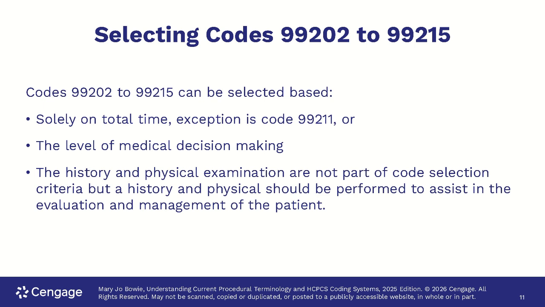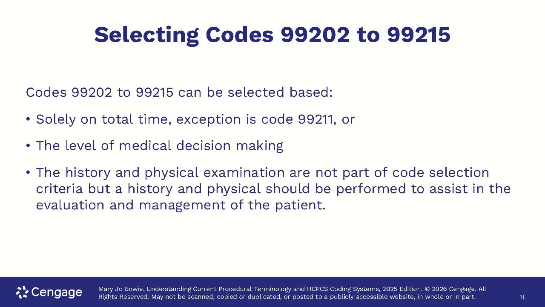All right, so selecting codes, and we're starting with the office visits. And so those are right before telemedicine. And as I'm going through these lectures from week to week, it's actually in your best interest to follow along in the CPT manual, because that way you can maybe put a sticky note on something that you need to go back to.